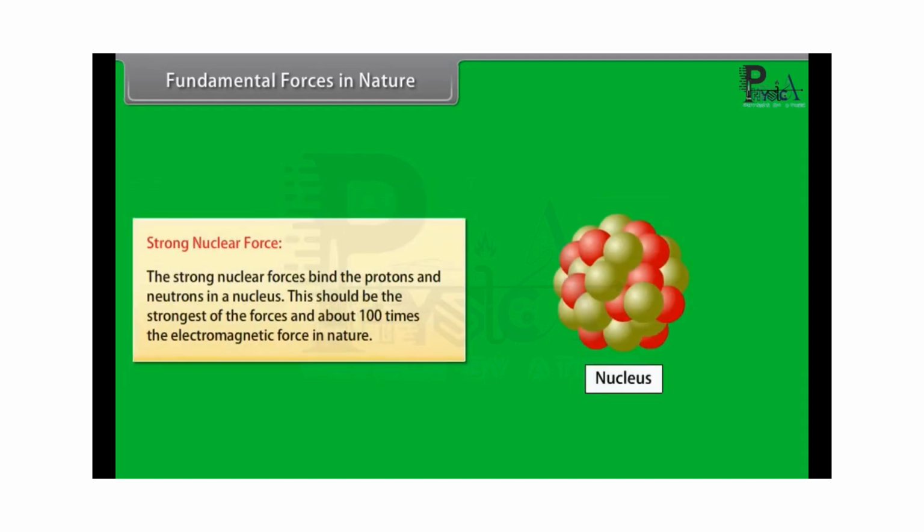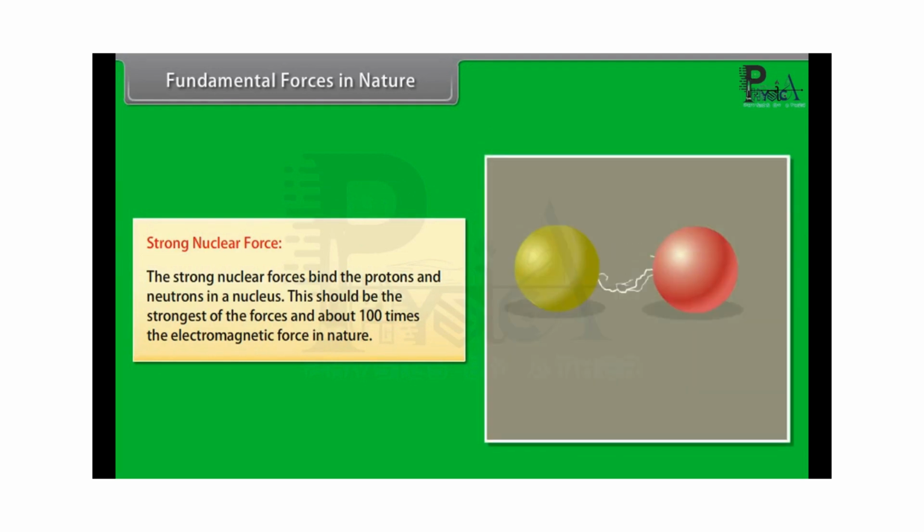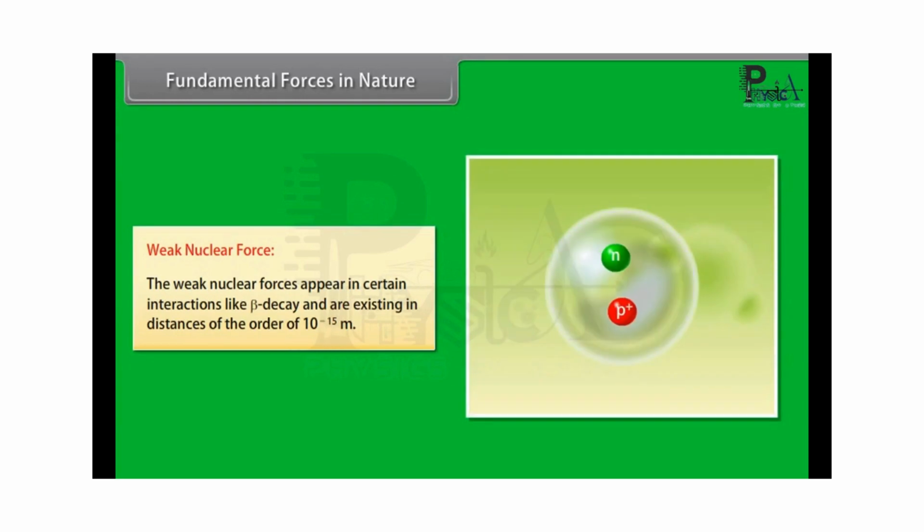The strong nuclear forces bind the protons and neutrons in a nucleus. This is the strongest of the forces, about 100 times the electromagnetic force. The weak nuclear forces appear in certain interactions like beta decay and act over distances of the order of 10^-15 meter.